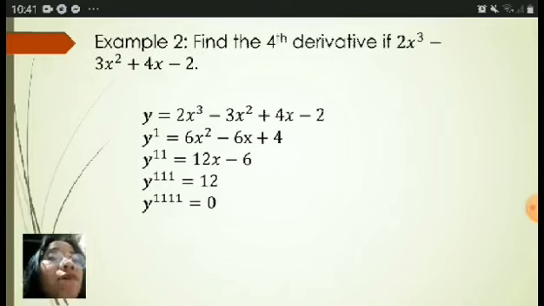So we have our third derivative is 12. Then our fourth is, since the 12 is a constant, so any constant number, their derivative is equal to 0. So our fourth derivative is equal to 0.